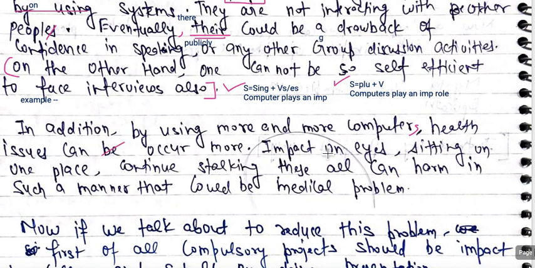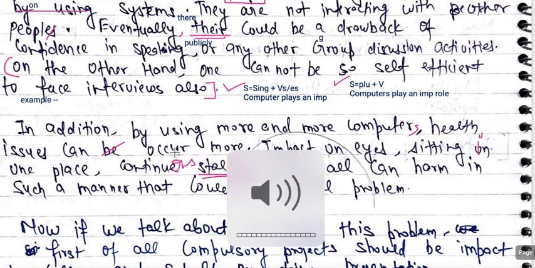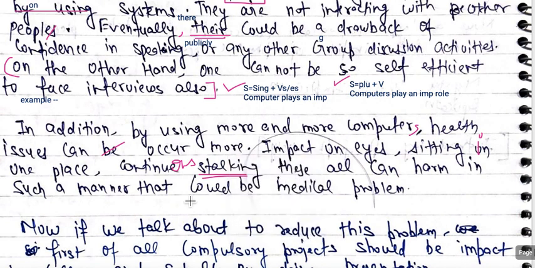ठीक है. Now in addition, by using more and more computers, health issues can occur more. Impact on eyes, sitting in one place, continuous... what is this, talking? Listen. What is that? मैम स्टॉप करना, लगातार किसी एक चीज को ऑब्जर्व करना. No, I think stalking is something called following somebody secretively.